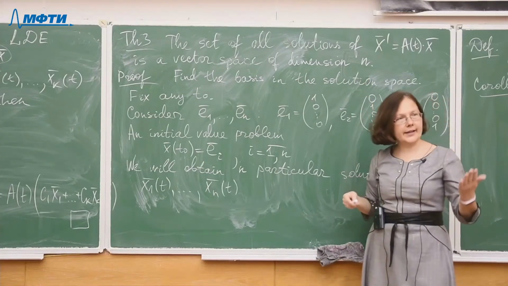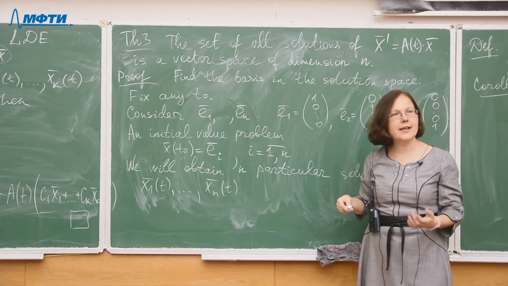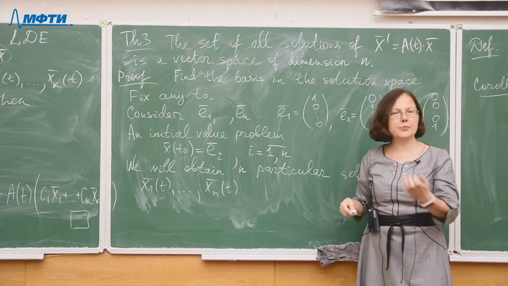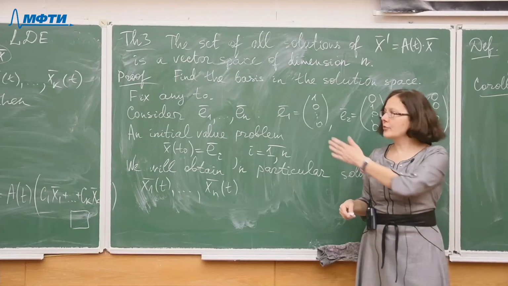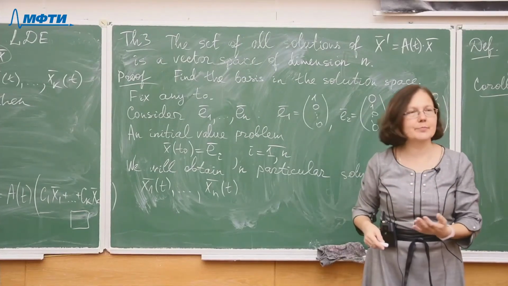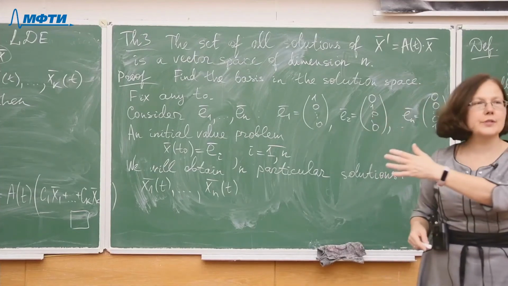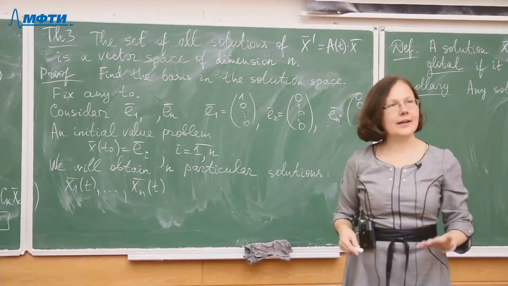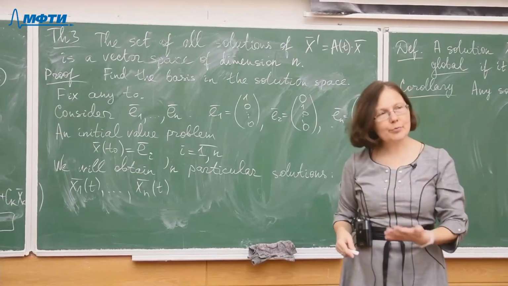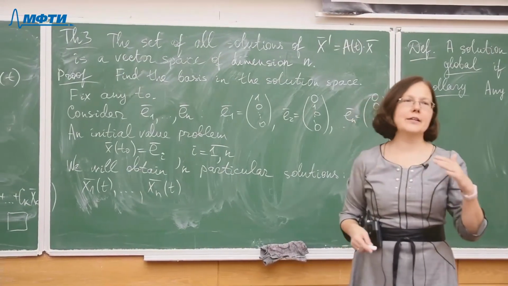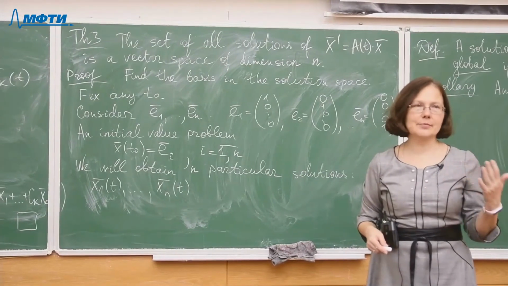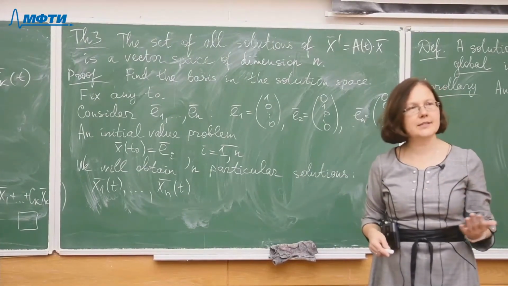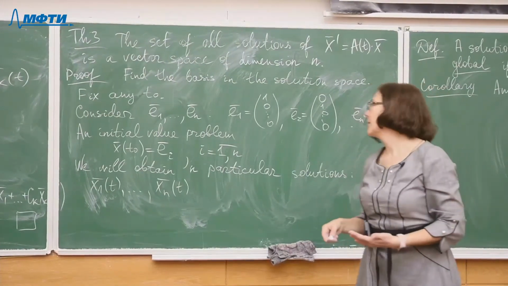It is finite dimensional and the dimension is n, and to show this we need the basis. Of course we will use the linearity principle. The linearity principle shows that this is a vector space, but this theorem states that it is n-dimensional. It is important, of course. It may be infinite dimensional; sometimes vector spaces are infinite dimensional, right?